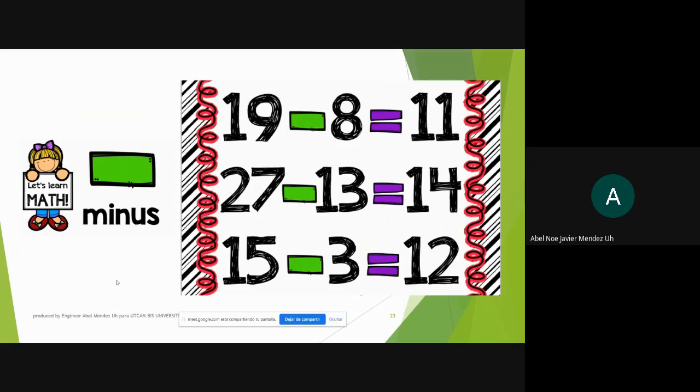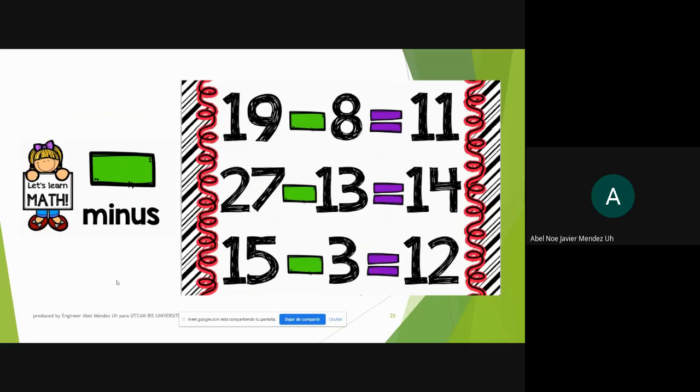Now, here we have this operation. Which kind of operation is it? We have subtractions. That's right.